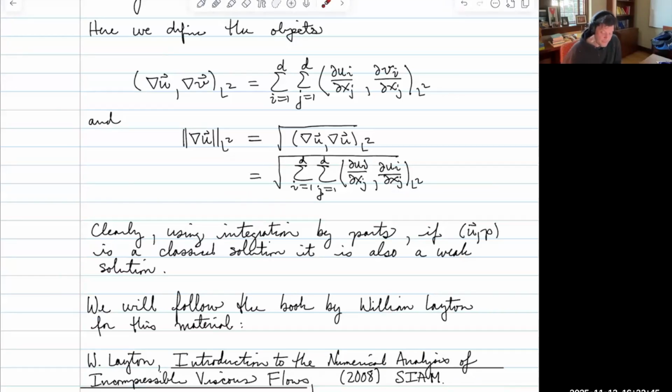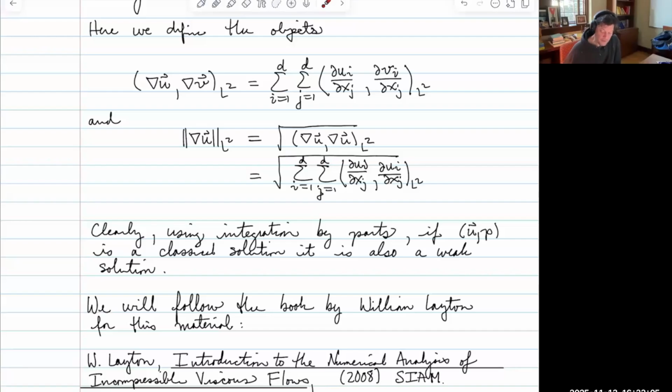You should be able, with a little bit of work, and I'm going to leave this as an exercise, to show that if u is a classical solution and I multiply by a test function and integrate and do integration by parts, then that u is also a weak solution. Going the other way is not so easy.